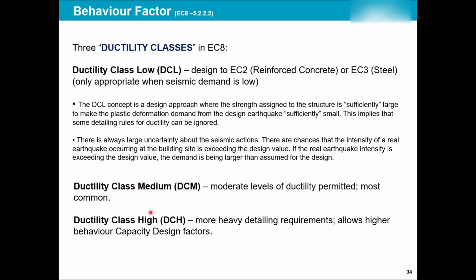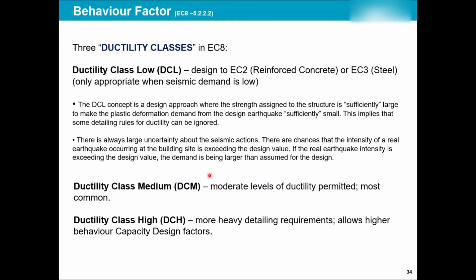When it moves to medium or high ductility, this is the place where the lateral forces, the seismic forces, come into play. For ductility class medium, or DCM, moderate levels of ductility are permitted. It is the most common type, at least in Europe. Ductility class high is for locations with high seismicity; more heavy detailing requirements are needed, and it allows for higher behavior factors.